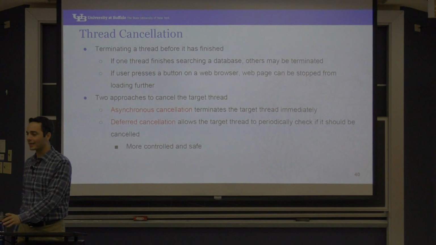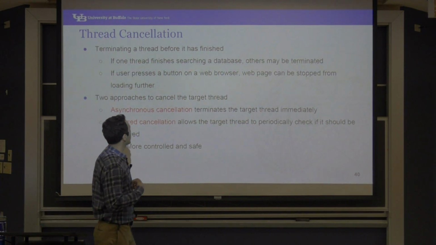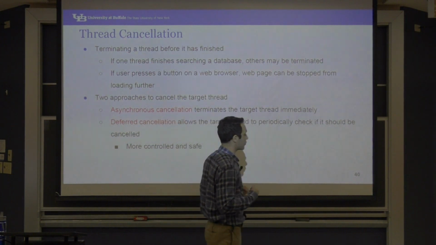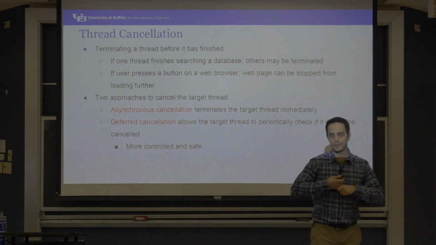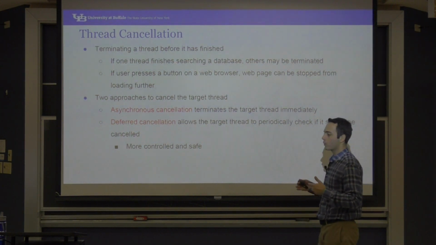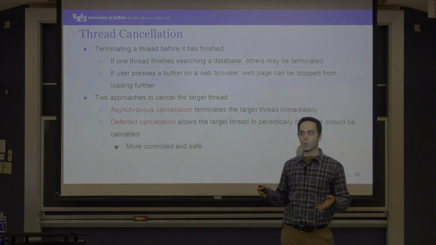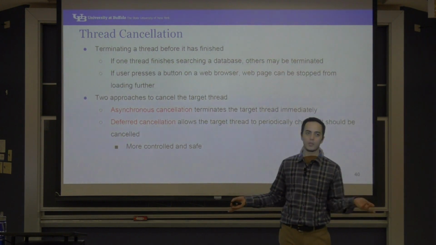Now, in terms of thread cancellation, you can cancel or terminate a thread before it's done. Why is that? If a thread is doing a job in parallel to another thread, once one is finished, the other one is not needed.